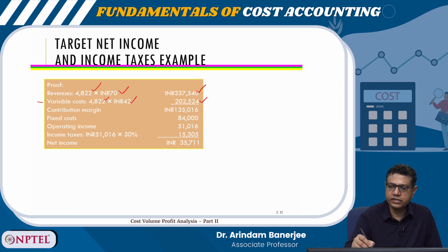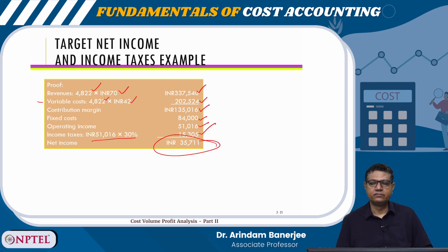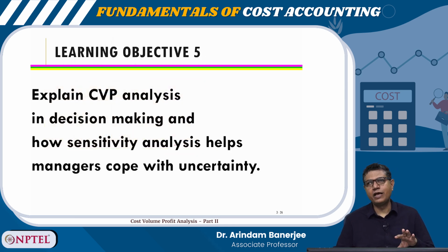So my contribution margin is 1,35,016, and fixed cost, as in the previous example, is 84,000. Operating income comes to 51,016, and income tax is 30% on operating income, which comes to 15,305. So my net income is 35,711. The other way also I am getting the same result. In both ways my result is the same.